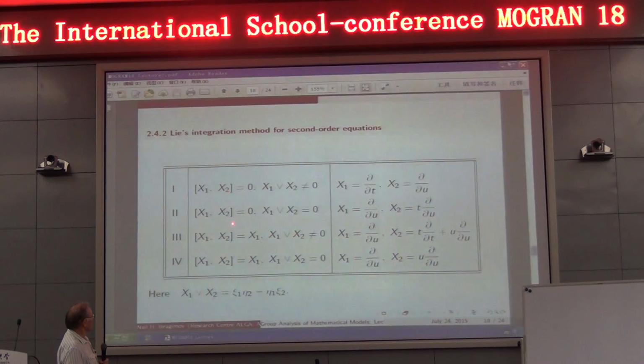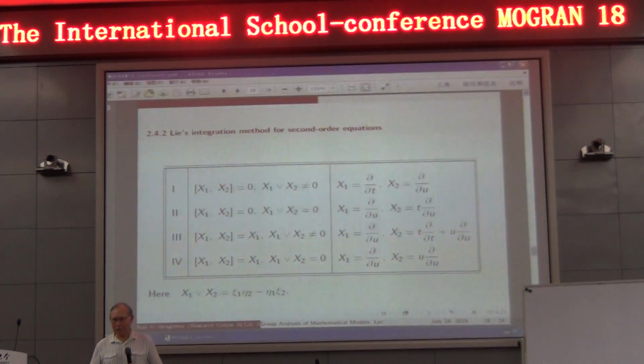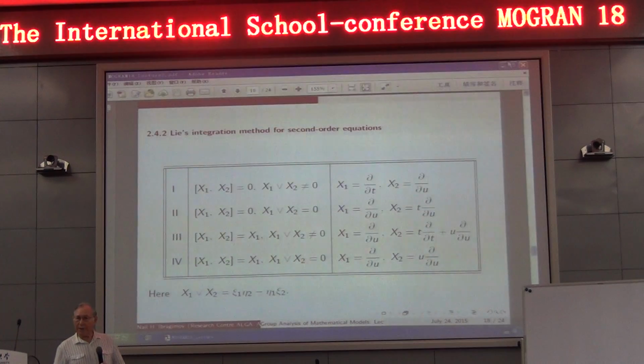Then you can make a change of the basis in your two-dimensional algebra so that the commutator of x1, x2 equals x1. There is no other possibility. So altogether there are only four.